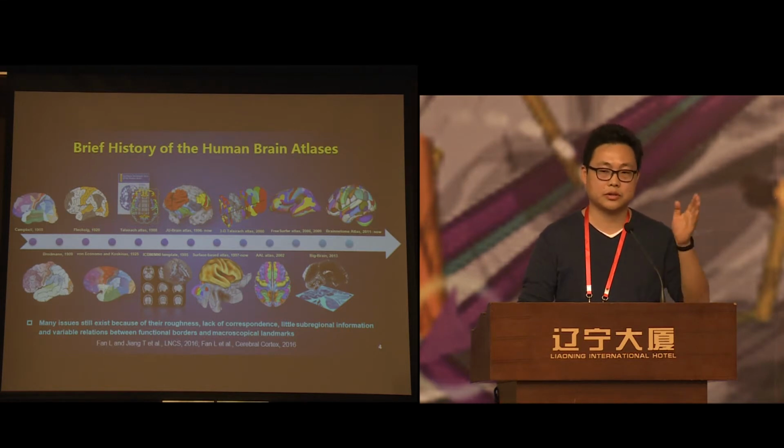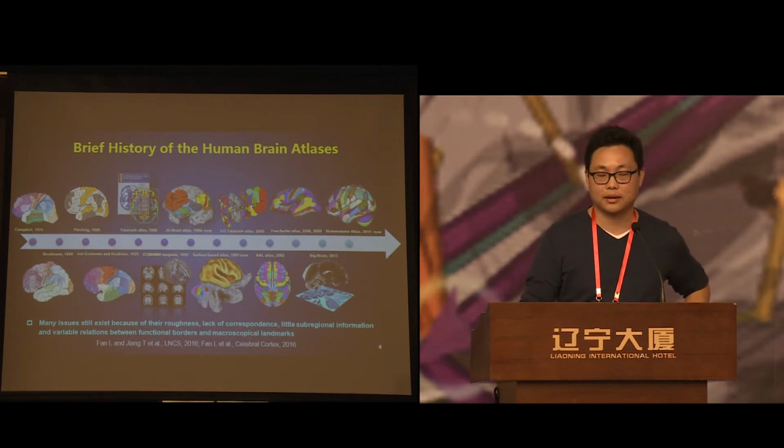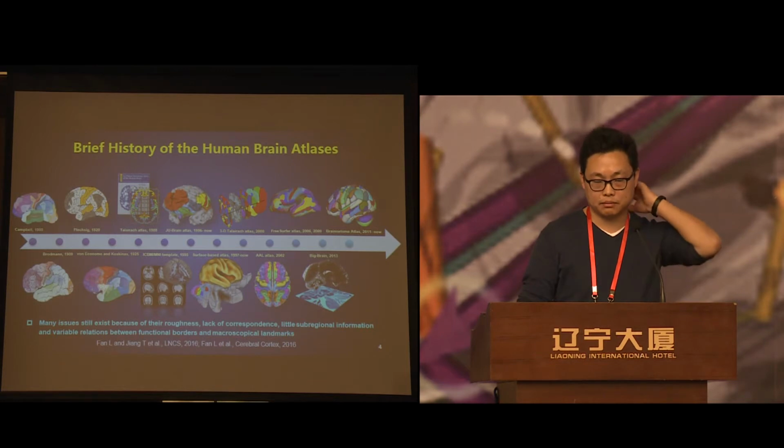We can get the sulci and gyri. Also, we can use other modalities like diffusion data to get the anatomical connectivities. Also, using the functional data, we can do statistical analysis in the resting state to get the functional connectivity. Also, we can use different tasks of fMRI to map the functional regions.